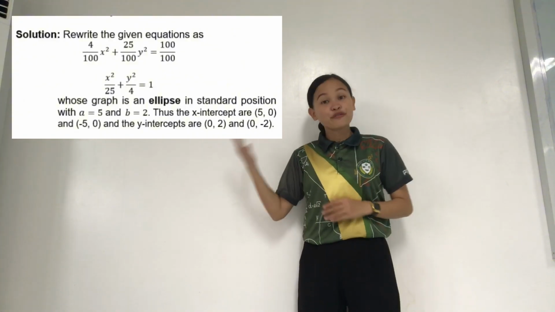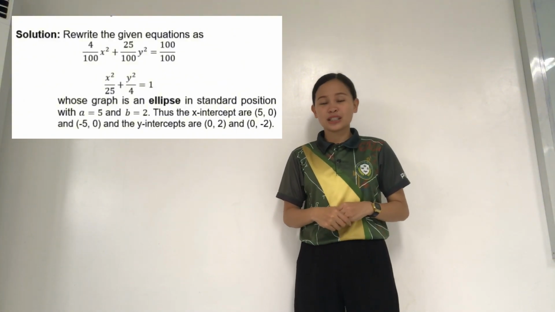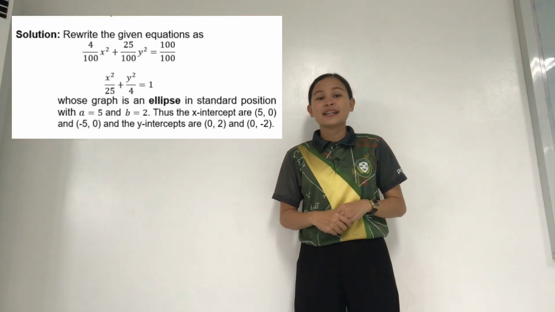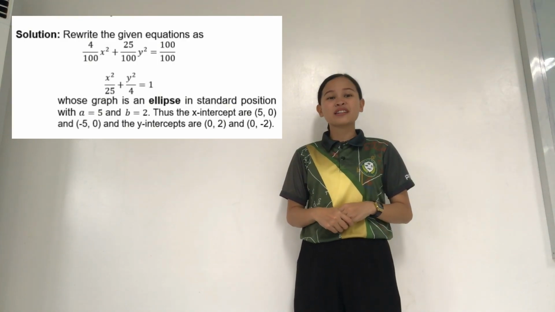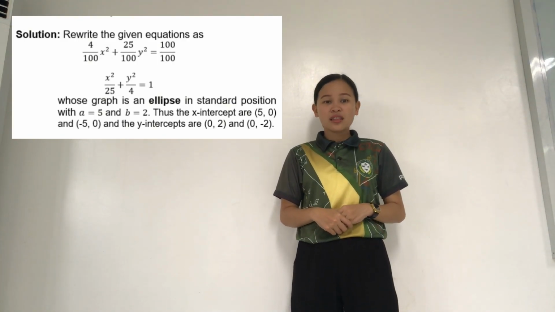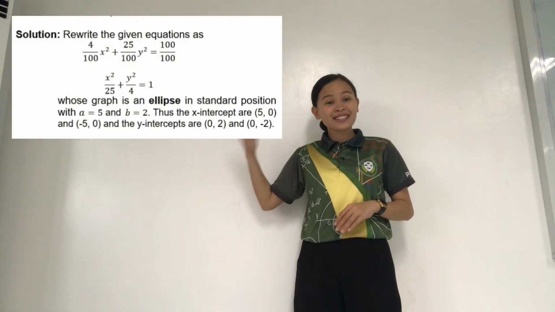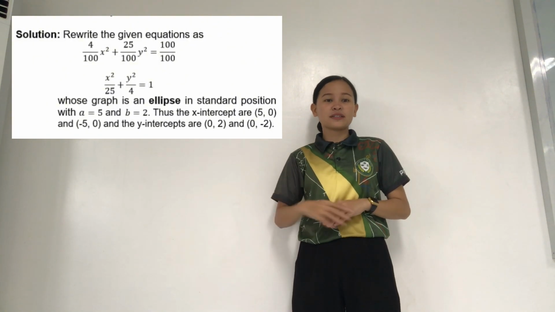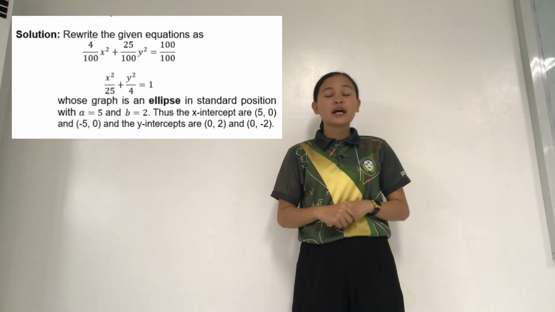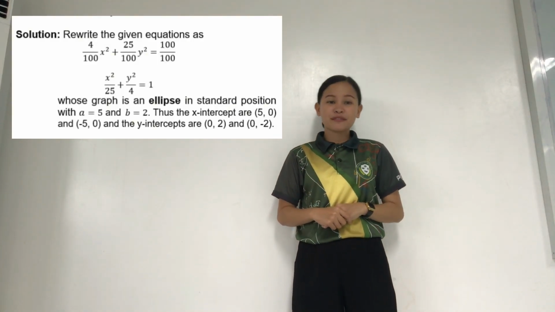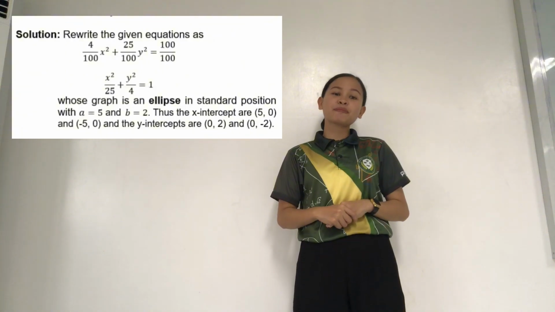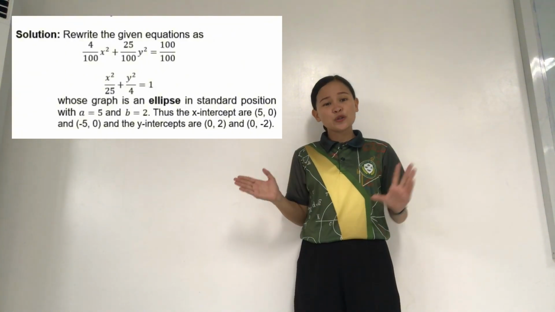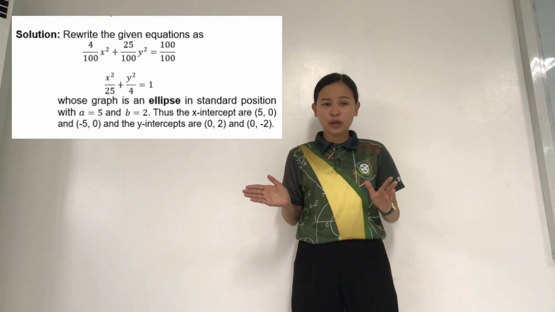So we have 4 divided by 100 x squared plus 25 divided by 100 y squared is equal to 100 divided by 100. Now let's simplify this equation. The result is x squared divided by 25 plus y squared divided by 4 is equal to 1. So the graph is an ellipse in the standard form.